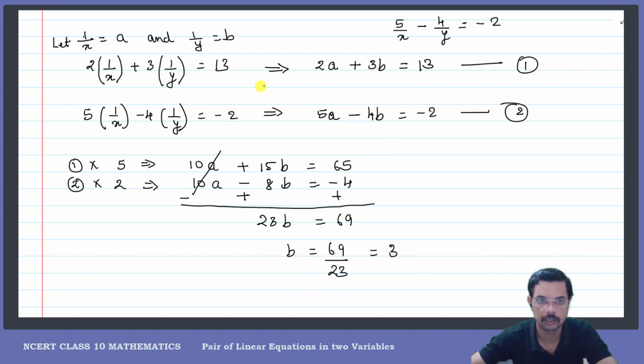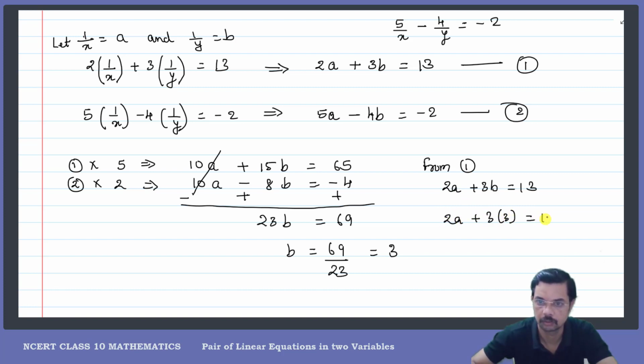Now what I'm going to get is the other variable, that is a. Now take the first equation. From equation 1, we have 2a plus 3b equal to 13. Instead of b we shall put 3. So this is 2a plus 3 into 3, and that is equal to 13.